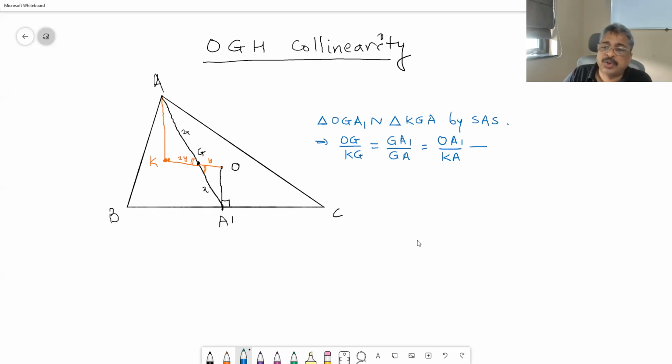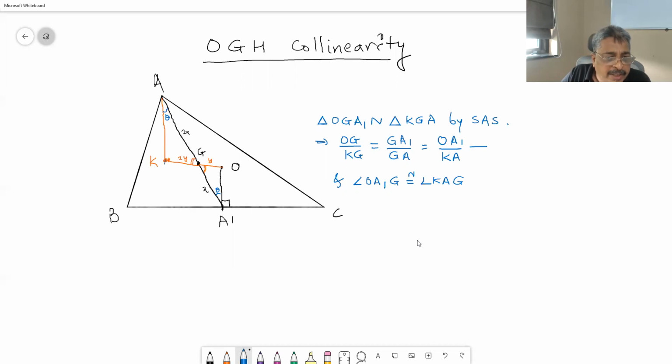That is one part of the story. We get this information because of similarity, and angle OA'G is congruent to angle KAG. So this angle theta is equal to this angle theta because of similarity.